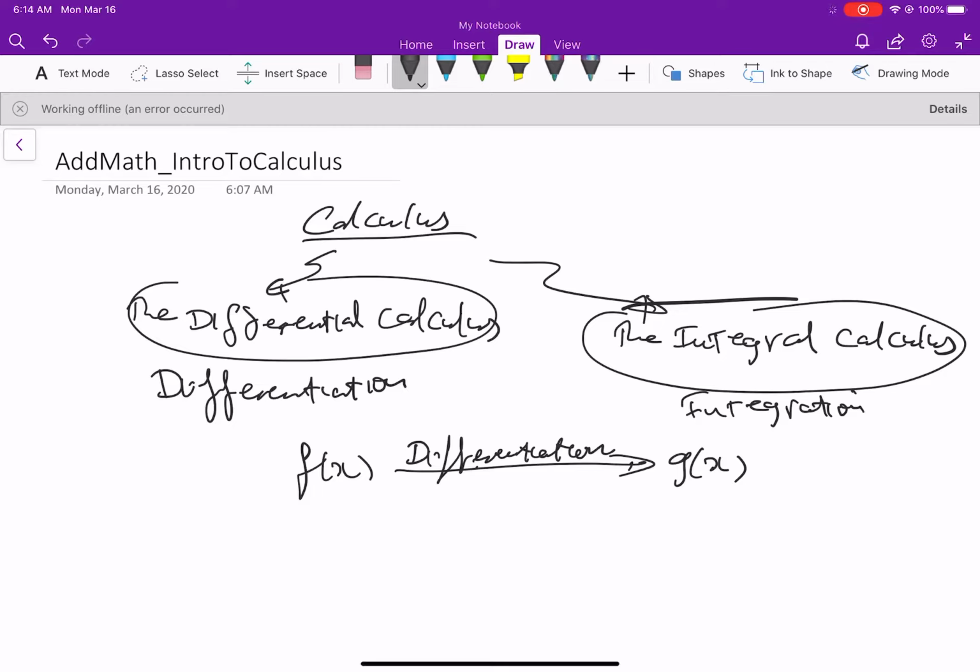Because these two processes reverse each other, if you were to take this function g of x and perform the process of integration on it, guess where you end up? Right back at f of x. So that's a broad overview of the two main branches and how they relate to each other.